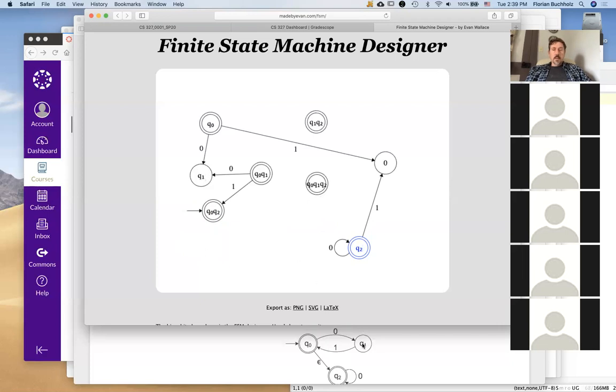Q1, let's take a look at Q1. So if you are in Q1, then there is no 0 transition. So on 0, we would go over here.